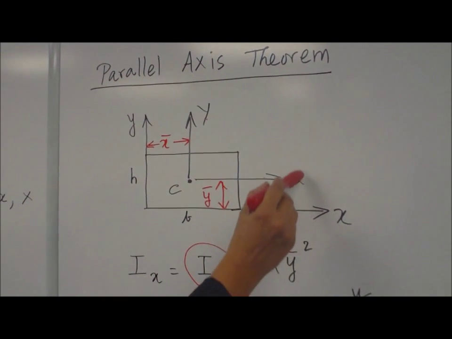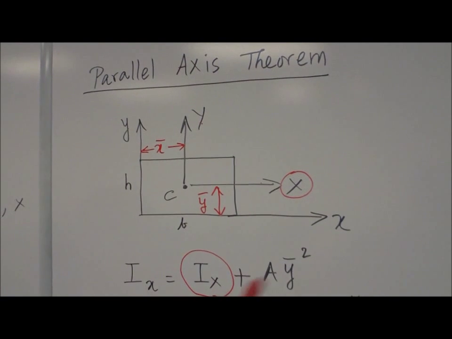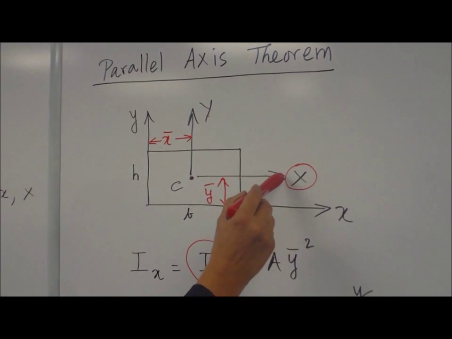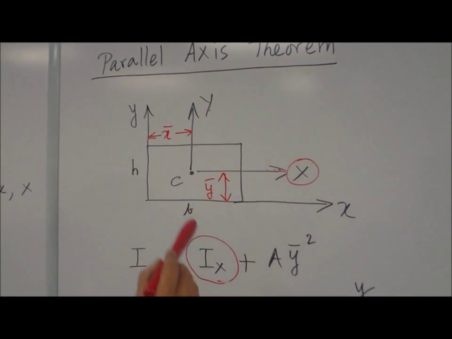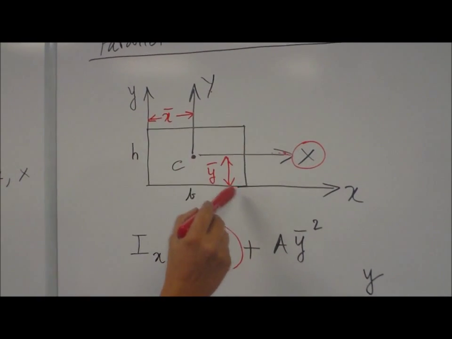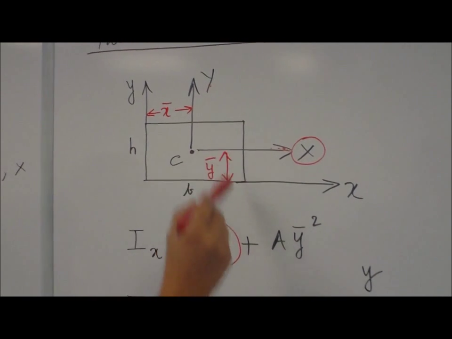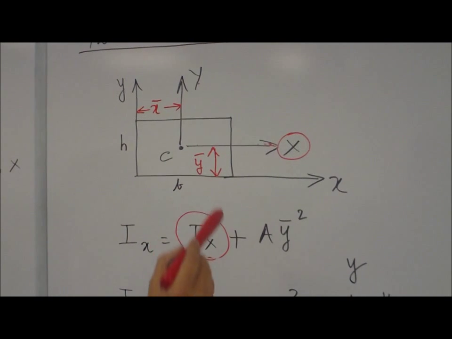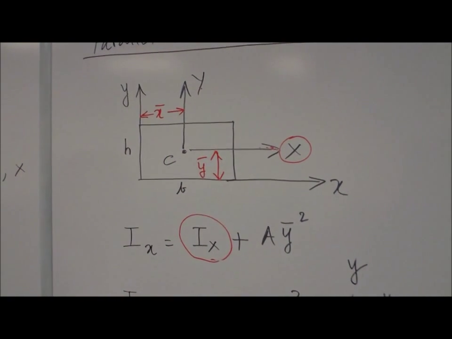If you know the inertia about the capital X, how can we find it about the little x? Simply, inertia about the capital X, which is given, plus the area of the shape times y bar squared. The y bar is the centroidal distance of the shape in the vertical direction.